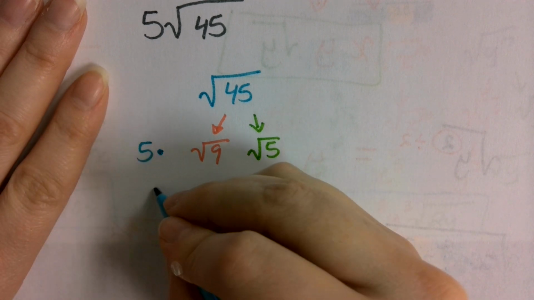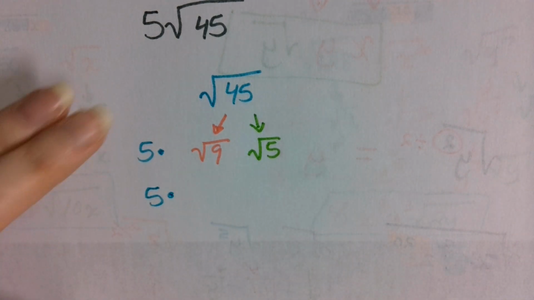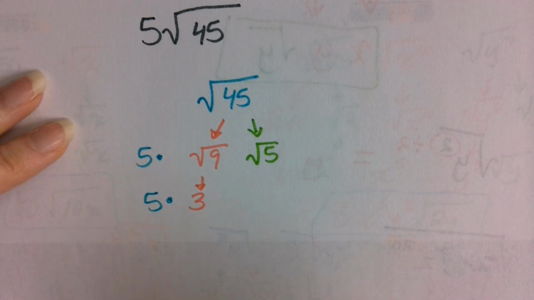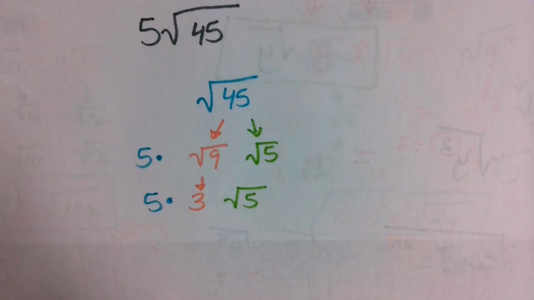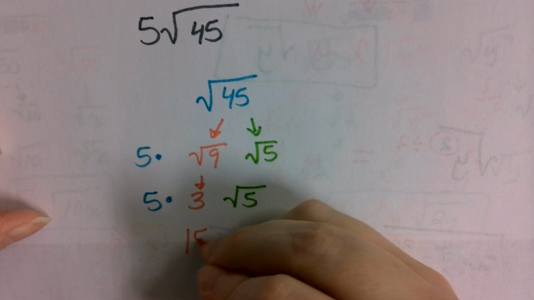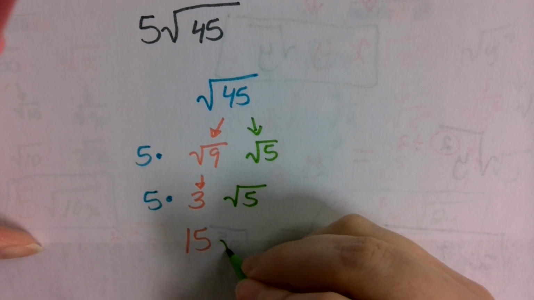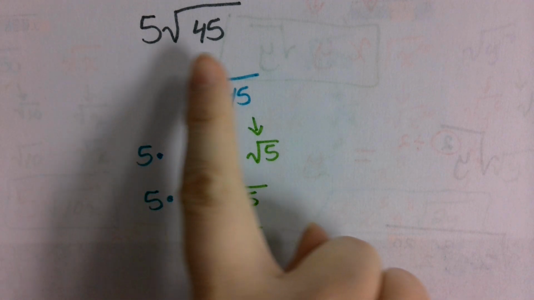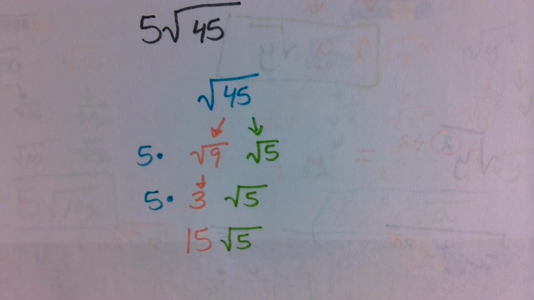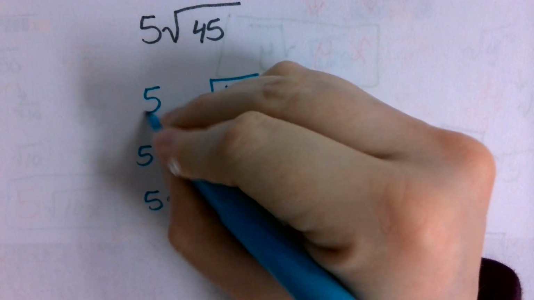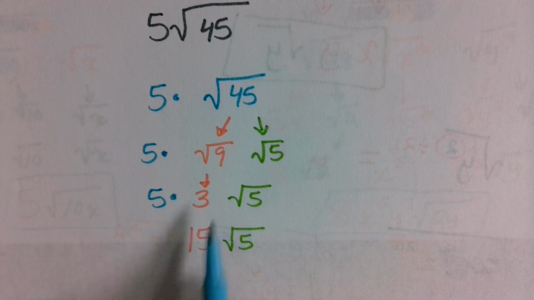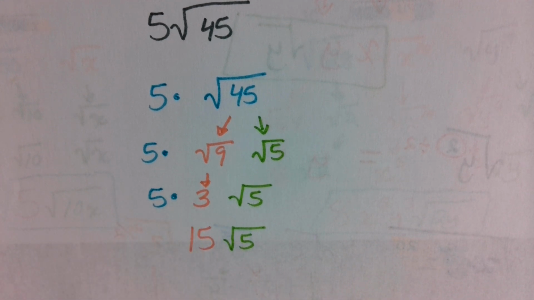Okay, so this technically means we're going to be doing 5 times 3 and then square root of 5. What's 5 times 3? 15. So this becomes 15 square root of 5. Okay, so when you have 5 square root of 45, you break the 45 apart separately, and then you're just taking whatever the coefficient is on the outside and multiplying it by the new coefficient that you've created.